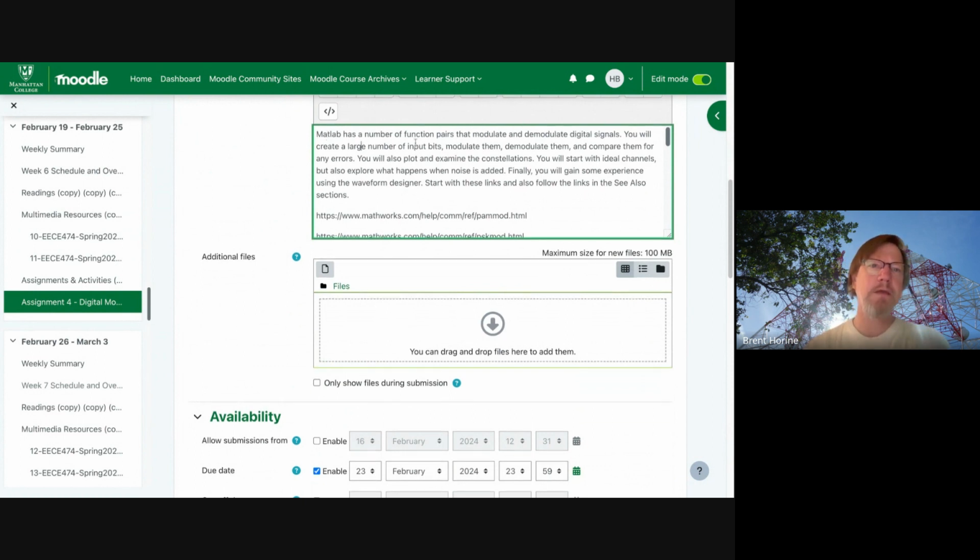This time you're going to be able to use some more built-in functions. You're going to do a pulse amplitude modulation, a phase shift keying modulation, and a quadrature modulation. MATLAB has functions to do all of those and to also demodulate those.